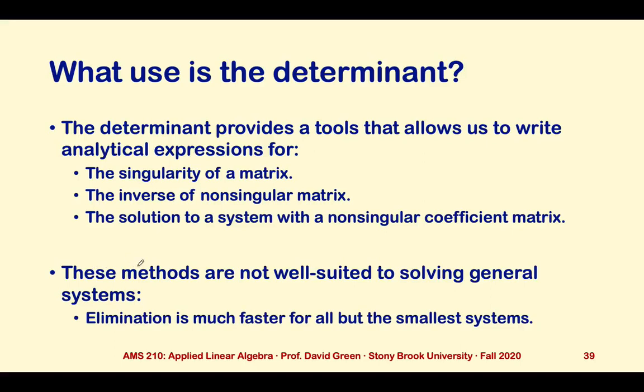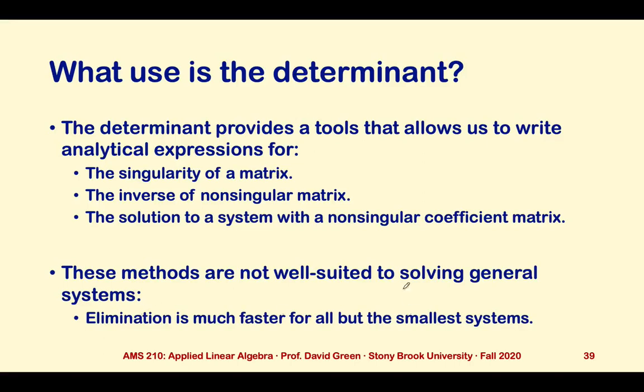None of these methods are well suited for simply solving general systems with numbers. Elimination is faster for everything except maybe the smallest 2x2 systems. If you want to know if a matrix is singular, it's often easiest just to do elimination and see if you get a row of zeros.